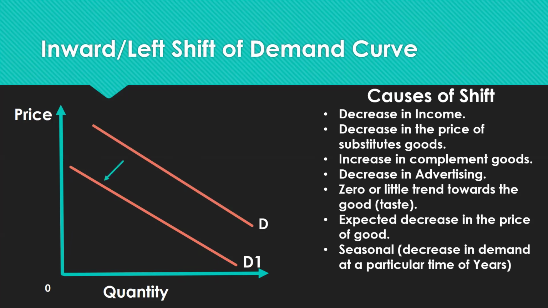A decrease in income instead of an increase, or a decrease in the price of substitute goods, or a decrease in advertising. Basically the opposite of what would cause an outward shift would cause the inward shift.